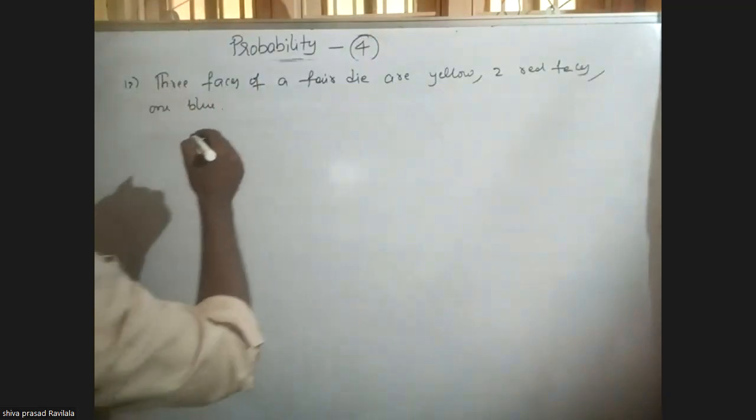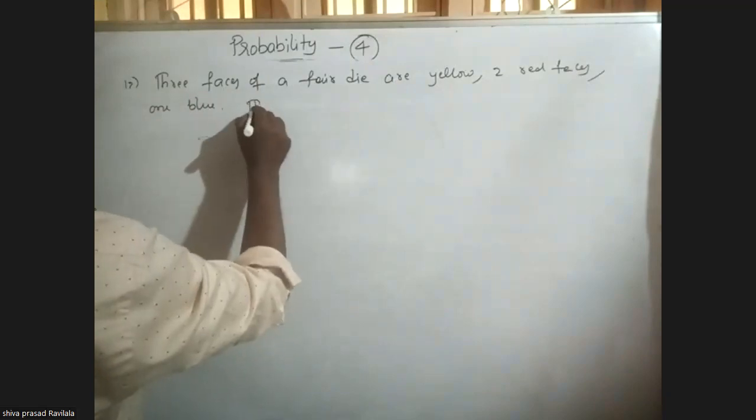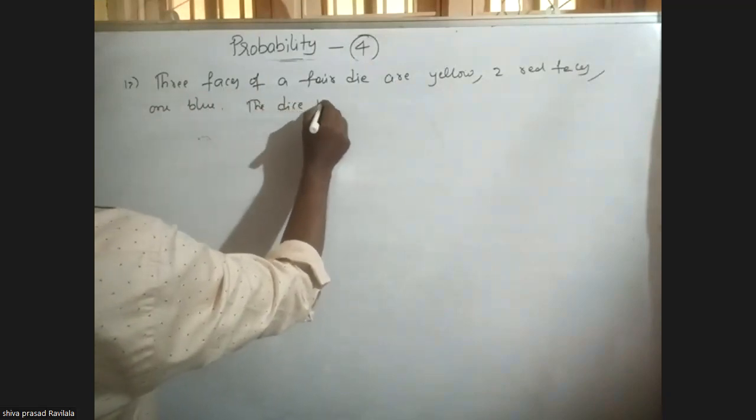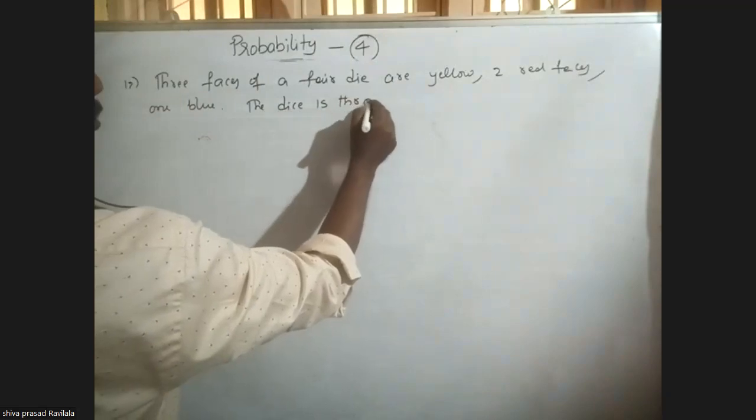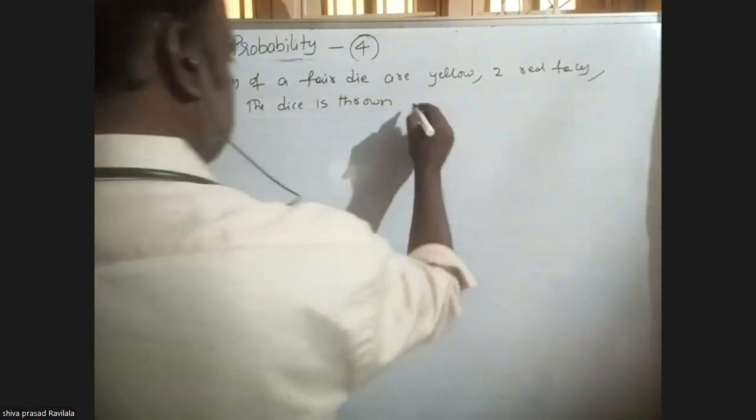Total 6. The die is thrown 2 times, twice.